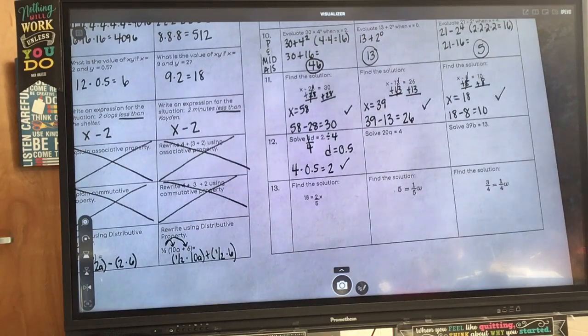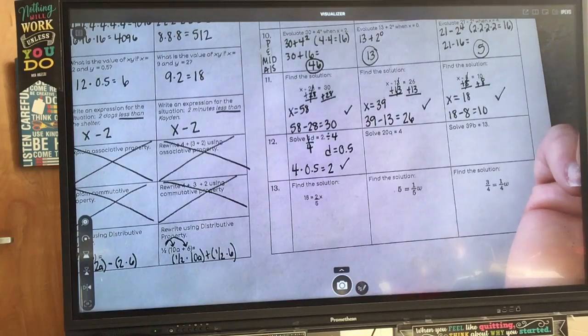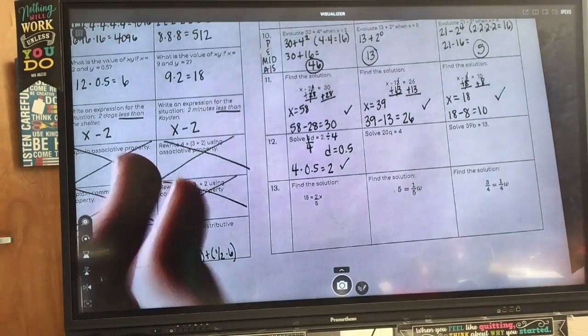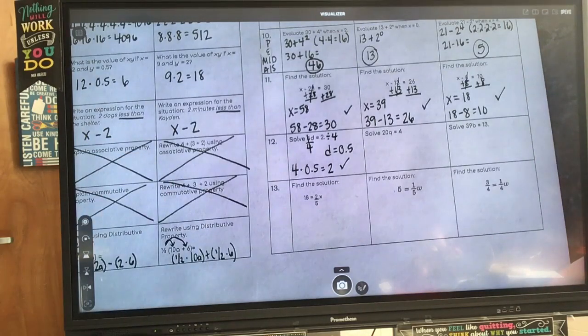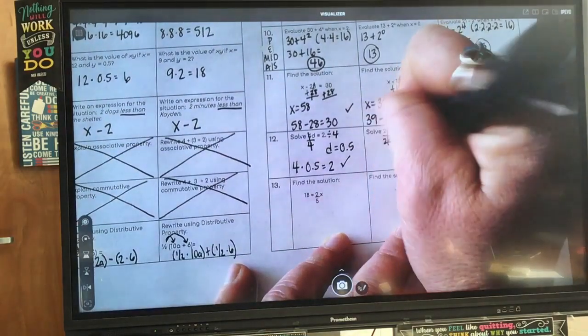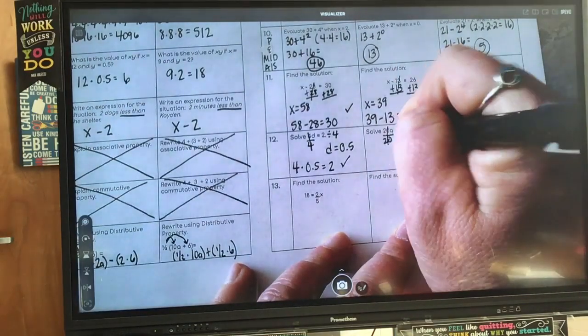All right, the next one, 20q equals 4. All right, so what operation is going on between the 20 and the q? Kylie, what's the opposite? Addition. So I'm gonna divide by 20 here, divide by 20 there. So 4 divided by 20, so Q equals what?